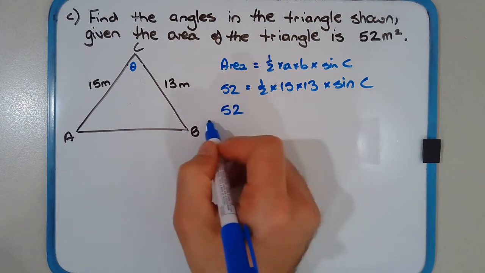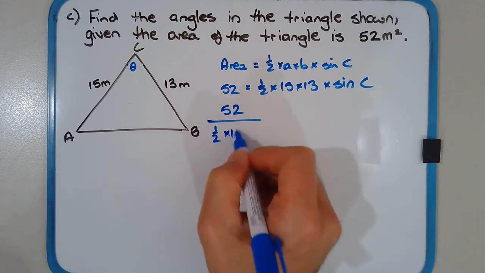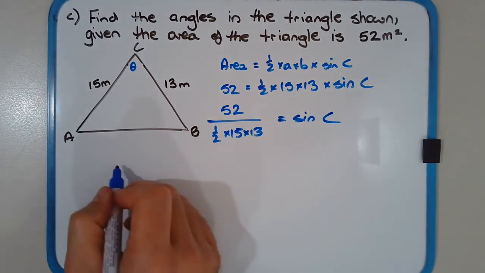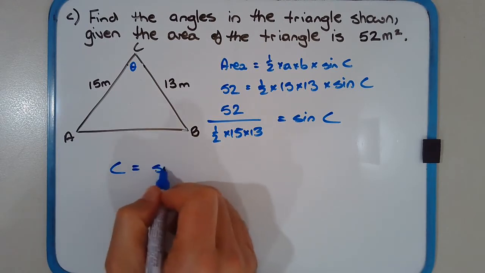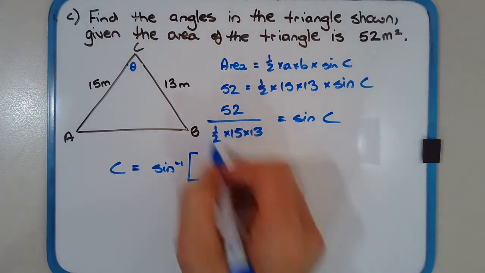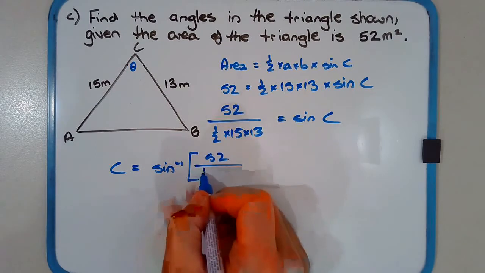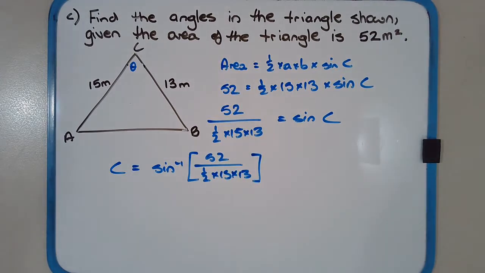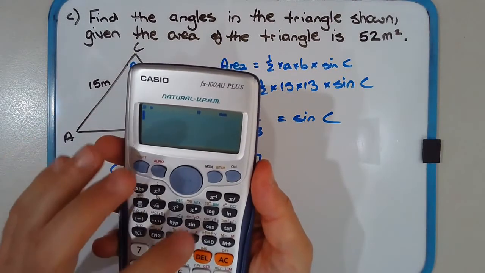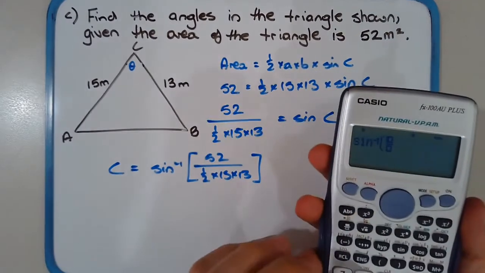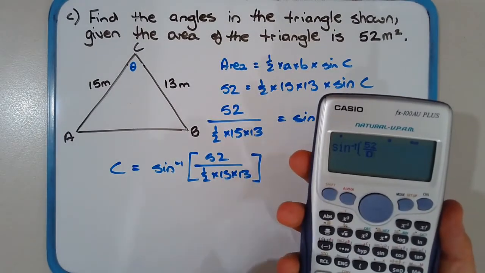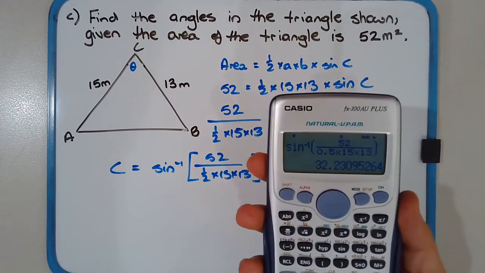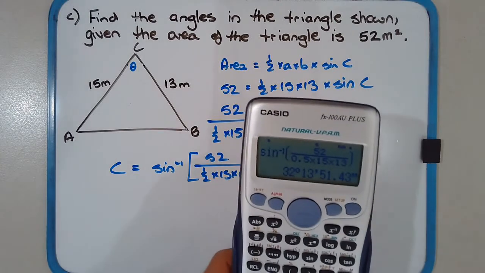Okay, so 52 all over half times 15 times 13 is equal to sine of C. Okay, and C is then equal to inverse sine of 52 over half times 15 times 13. Okay, and we can enter that into our calculator directly. Okay, so that's 52 over half times 15 times 13, and we get 32 degrees and 14 minutes.